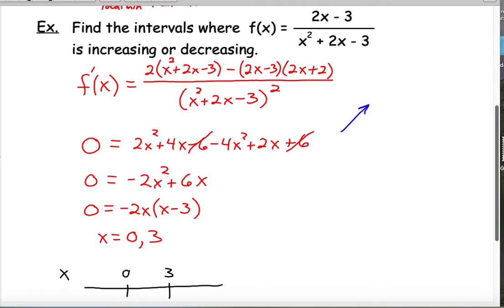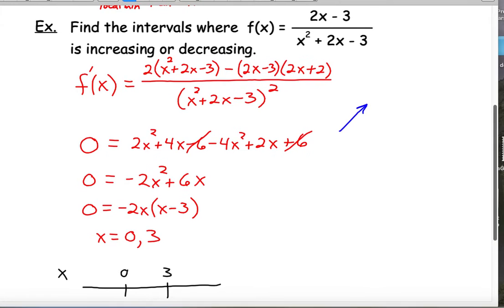It's either going to be a vertical asymptote or a hole. So we need to look at that. So we can factor this. That's x plus 3, x minus 1. And the numerator we can't factor. If you could cancel one of those factors, that would represent a hole in the graph. So this tells me that I have vertical asymptotes.